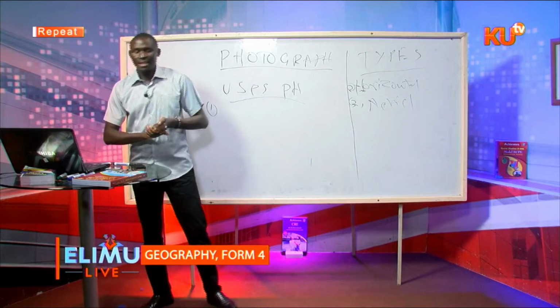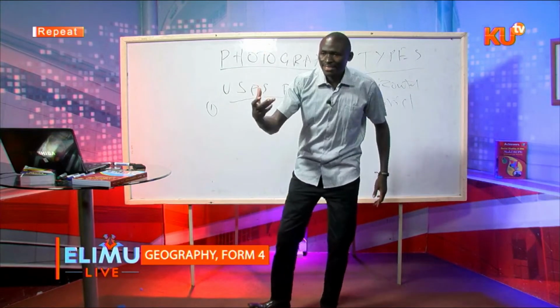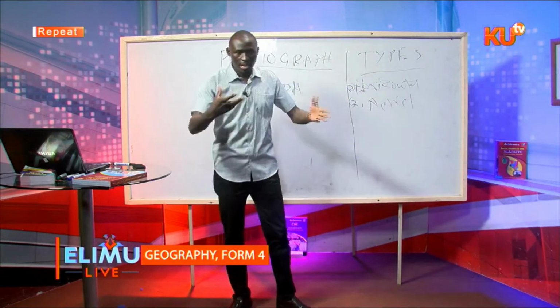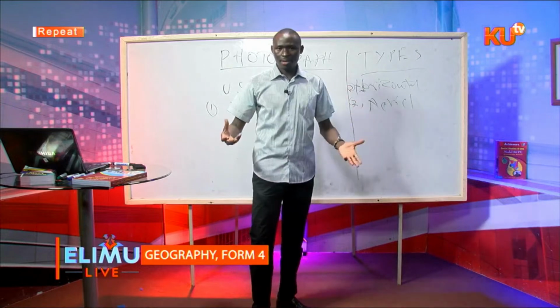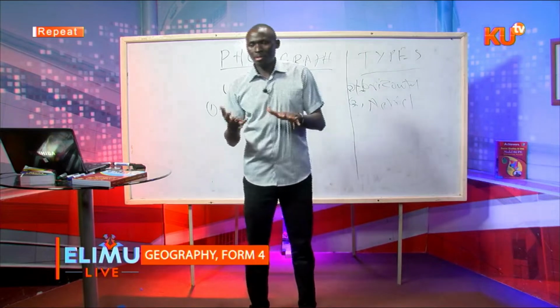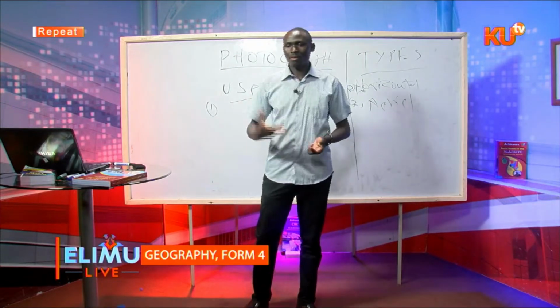Another use is showing land forming processes. For example, where volcanicity is occurring, which is the eruption of hot magma heated in the middle part of the earth, the mantle, where the molten rocks are found.